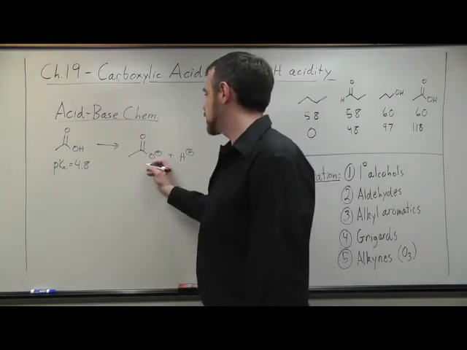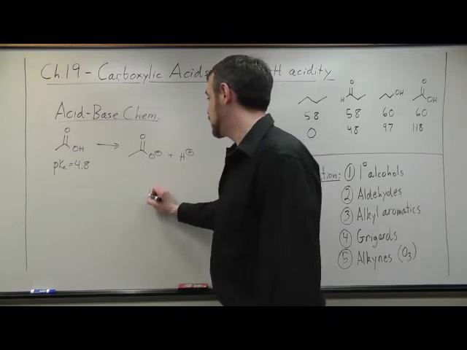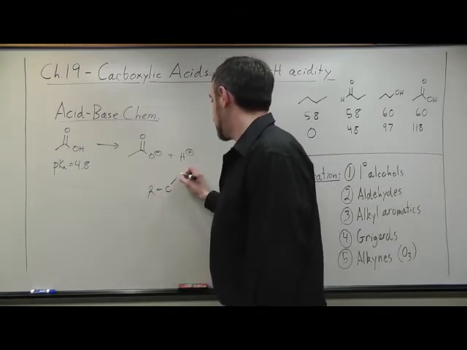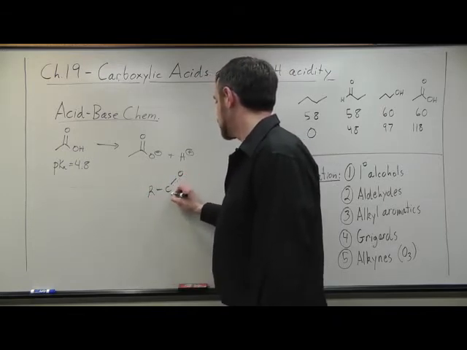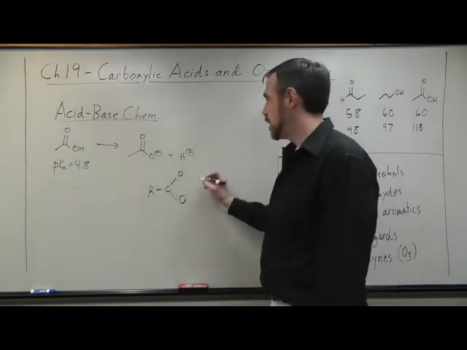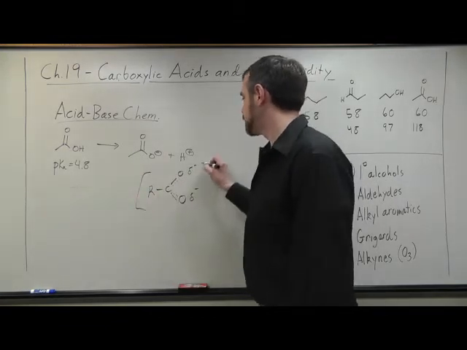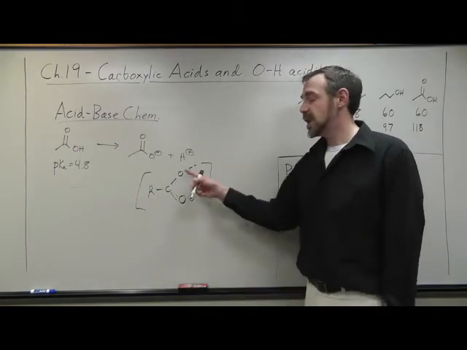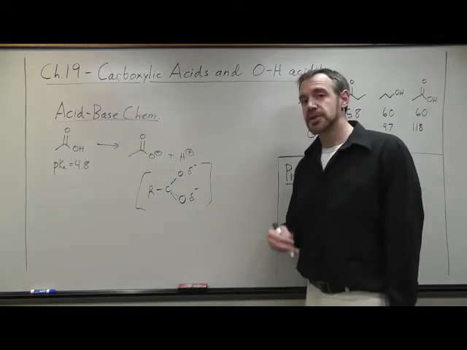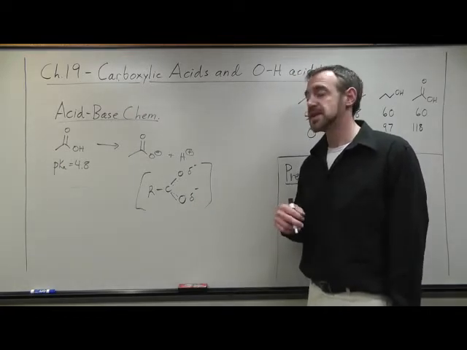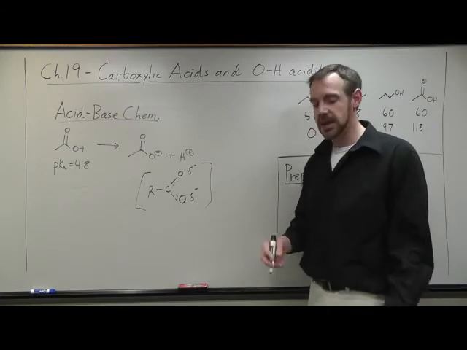If we look at this structure, we can draw a resonance hybrid. Looks like this, where you would have a partial negative charge on each of the oxygens. And so each of those oxygens are identical once the acid is deprotonated.